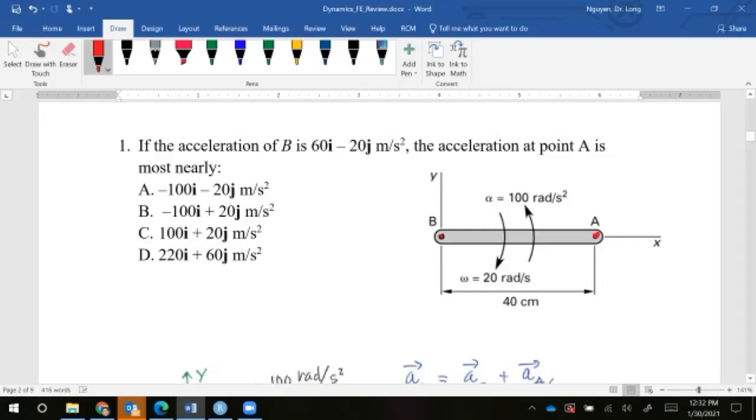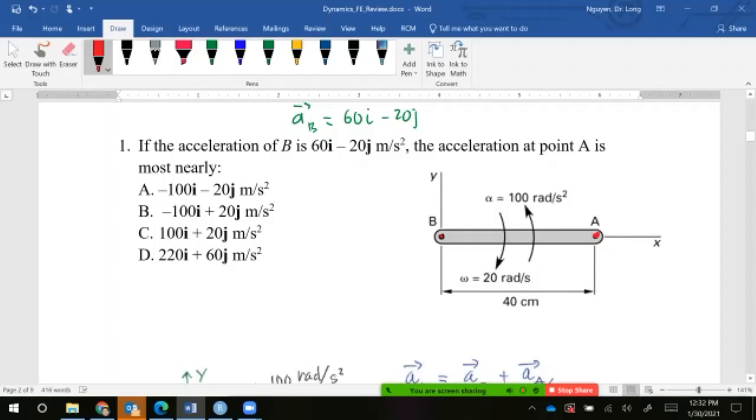For the acceleration of B, we can write down that it is given as 60i minus 20j, and of course the unit is meters per second squared. So 60i means the i unit vector follows the positive x-axis, 60.